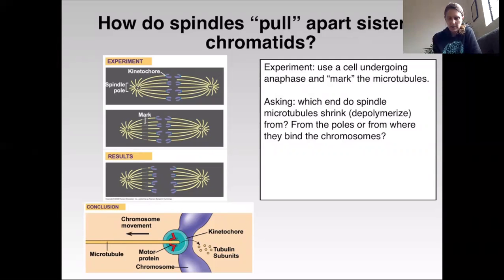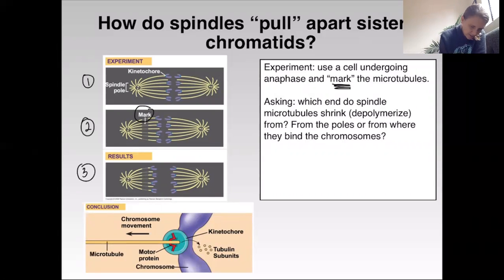So here is the experiment. They used a cell undergoing anaphase. Remember, that's when the sister chromatids are pulling apart. And what they do is they mark the microtubules. So you can see that here. I'll label the pictures 1, 2, and 3. In number 2 here, they're marking the microtubules, and they see what happens to that mark.